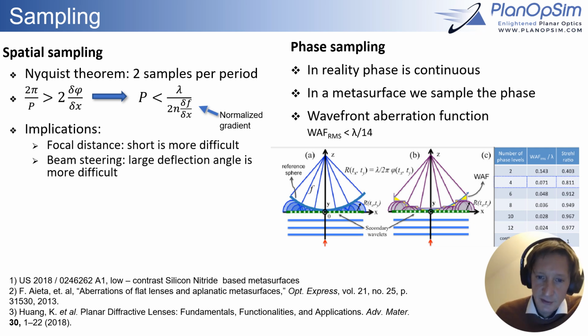As a rule of thumb there, you can apply this Maréchal criterion, which says that the root mean square error should be below a wavelength over 14 to have a wavefront that is indistinguishable from an ideal one.